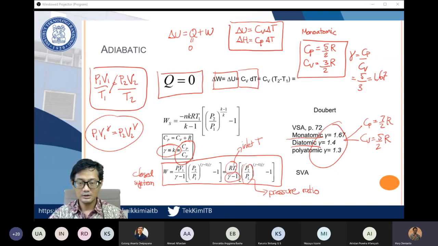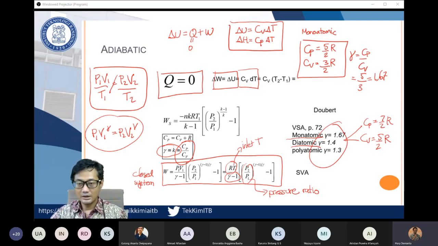What does it mean? When you have P1 as an inlet at 1 atmosphere, at the outlet of that compressor you can have 4 atmospheres. That is the meaning of pressure ratio. So basically, P outlet divided by P inlet, and use the same gamma. Because of this, the ideal or theoretical work can be calculated directly using this formula.